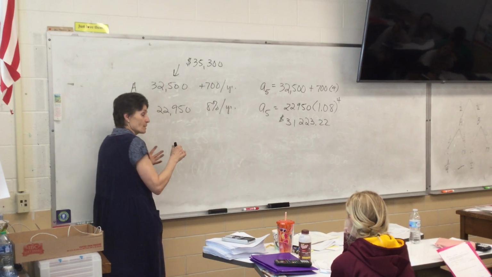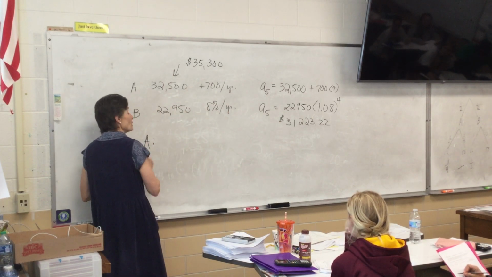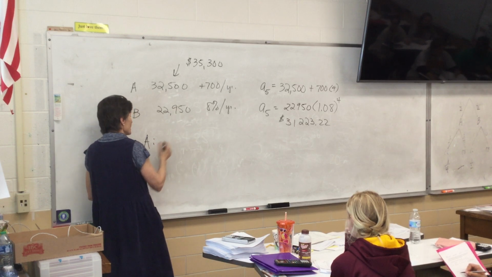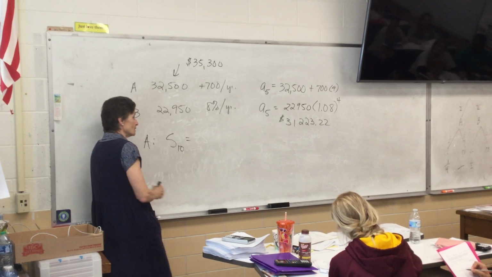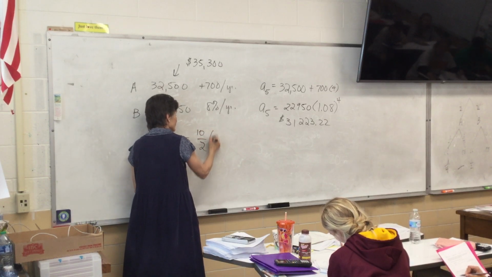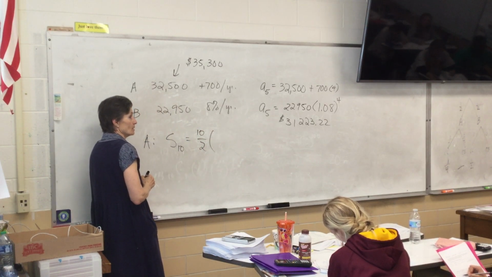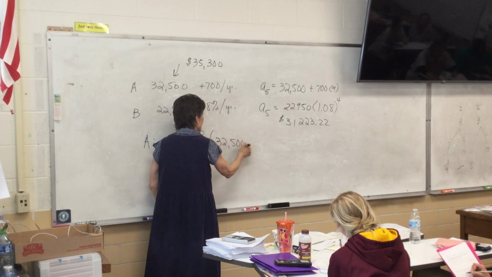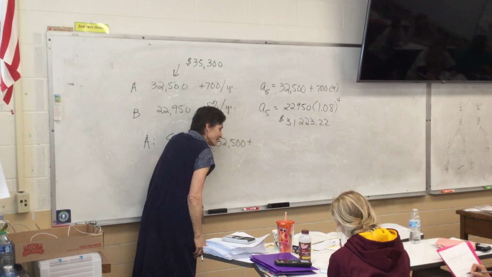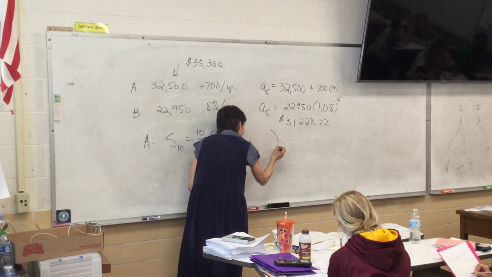So sum. For job A, which is arithmetic, the sum of 10 years is 10 over 2 times the first year, which is 32.5. Oh, here it is again. What goes here in this formula? The last one.